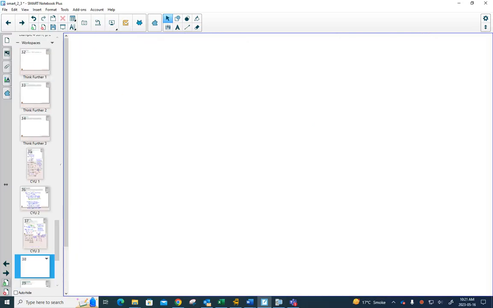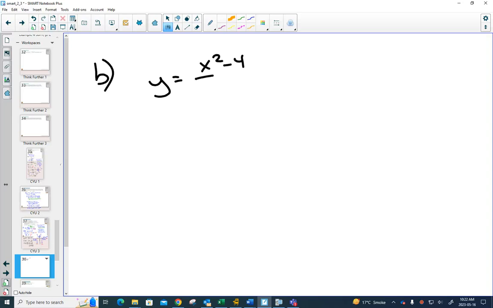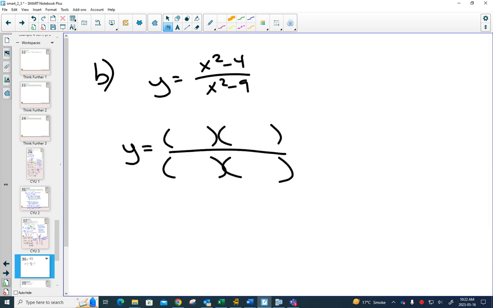So let's look at B. In B we have x squared minus 4 over x squared minus 9. We start by factoring completely. Both are differences of squares.